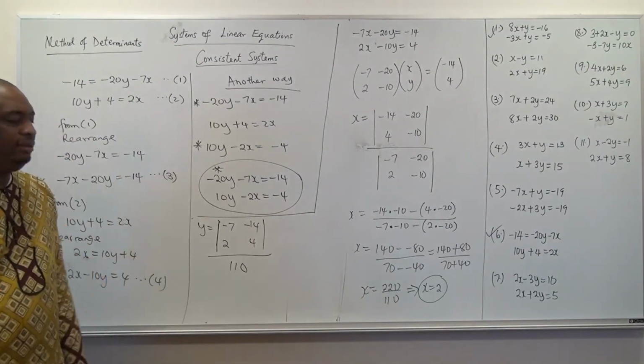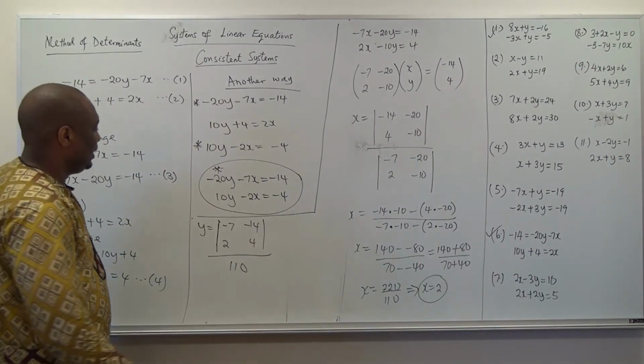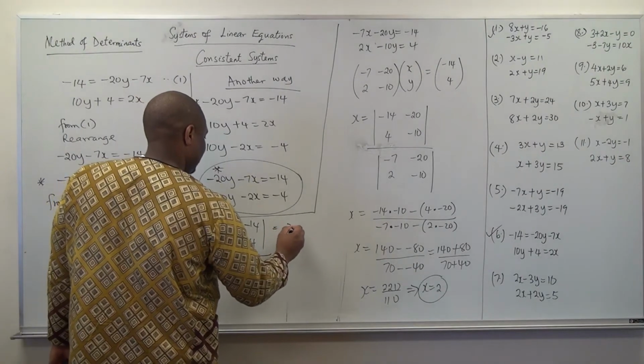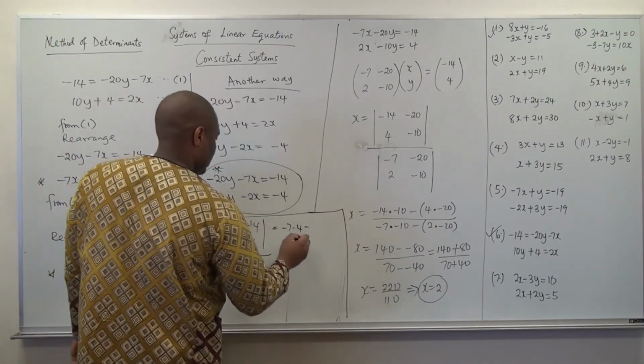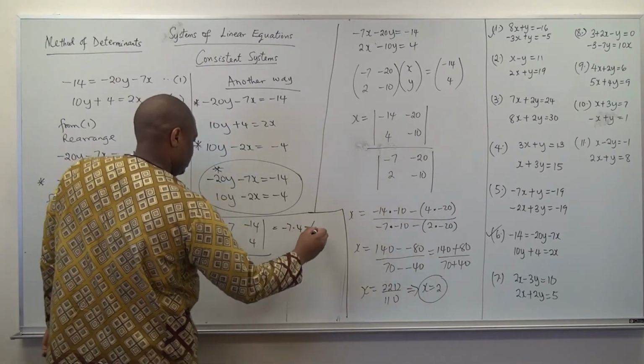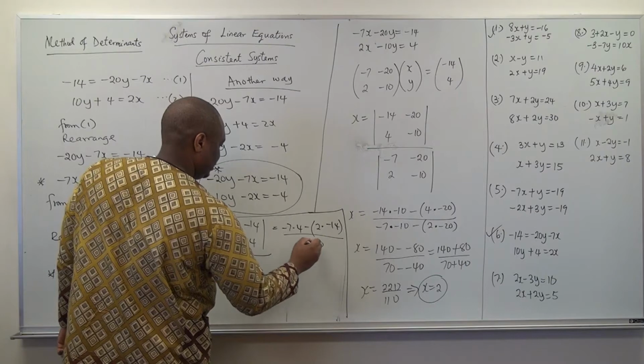You see, I don't even need to write it again because I know it's all over 110. So this will now be negative 7 times 4 minus 2 times negative 14, all over 110.